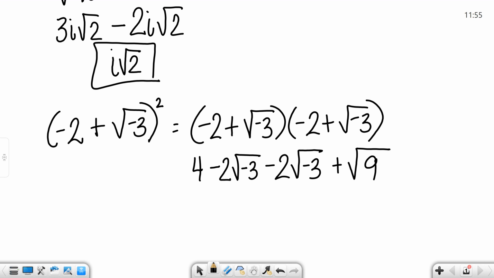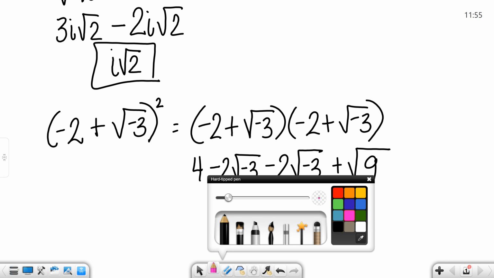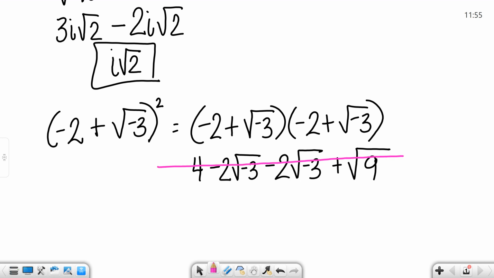Now the problem with that is a mistake that I think most people are going to make, so that's why I did it this way. We didn't take care of those i's. There weren't i's in the problem, but anytime you have the square root of a negative, we need to go ahead and do that. So this line that I just did, we're going to take it out.